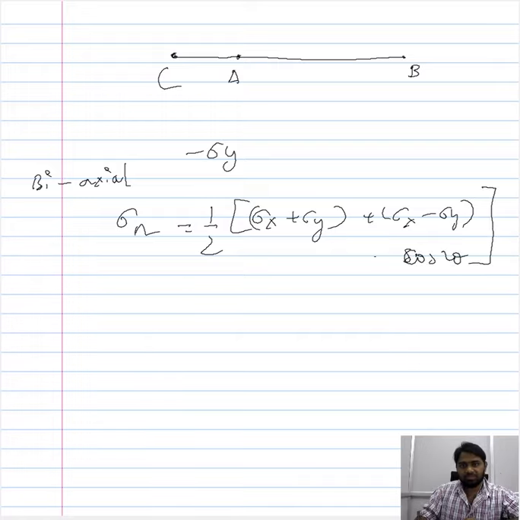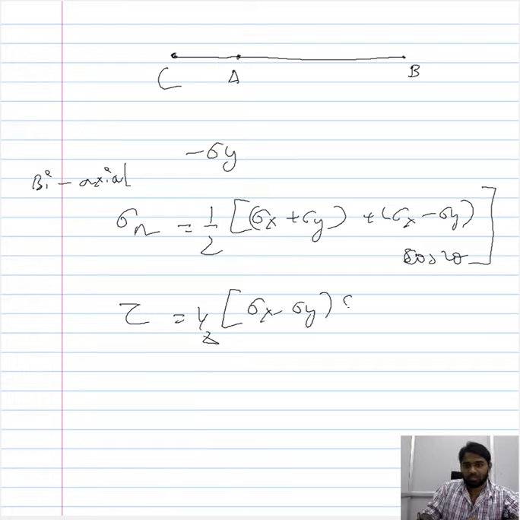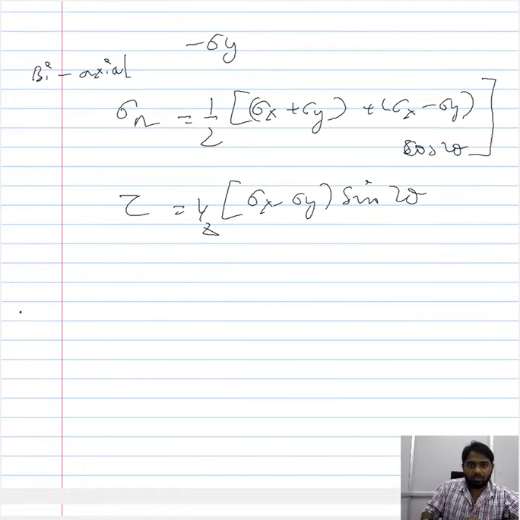This is the expression we already have for biaxial tensile loading, and similarly the shear stress under biaxial tensile loading is 1/2 (sigma x minus sigma y) sin 2 theta. Now for a condition with a combination of compressive and tensile, meaning you have minus sigma y and plus sigma x.